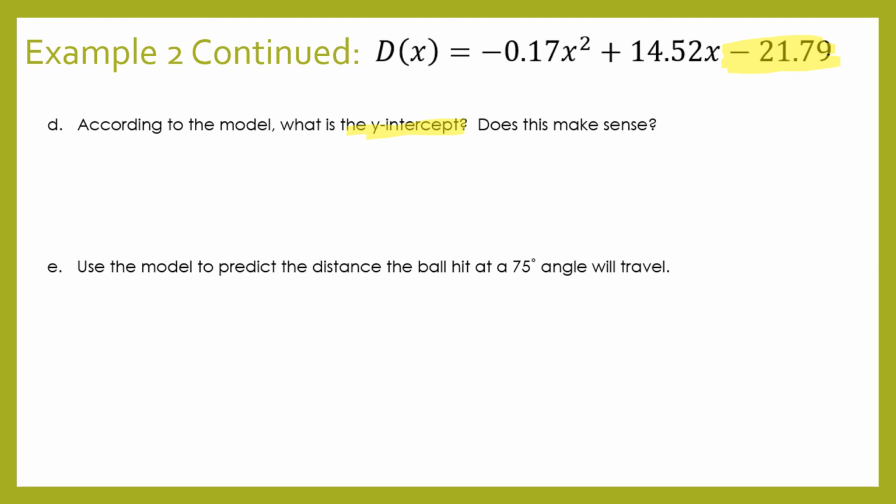So that doesn't necessarily make sense to have a negative distance. So no, you can't have negative distance, or the distance shouldn't be negative.